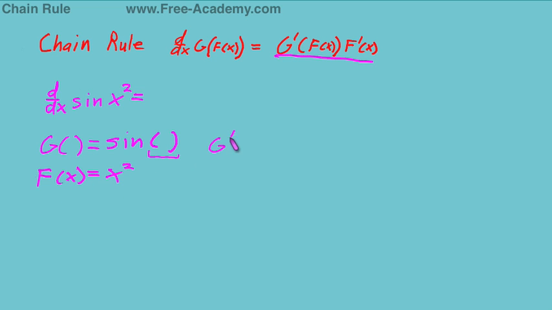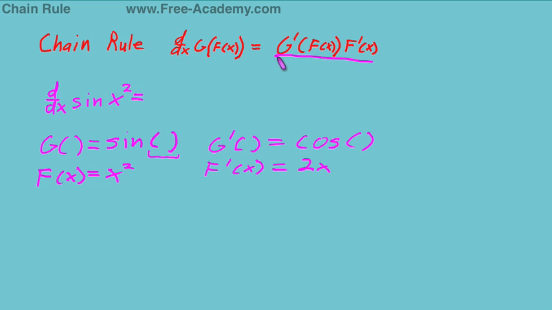So our g prime is the derivative of sine, which we know is cosine. And the derivative of f of x, that's a really easy one. That's just 2x. So now that we have all these, we can plug this all into our formula here.